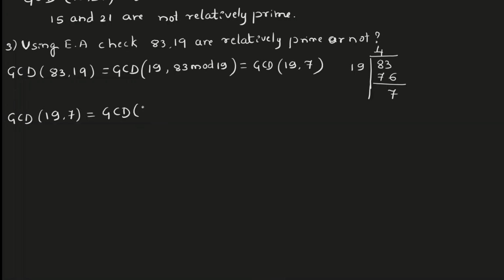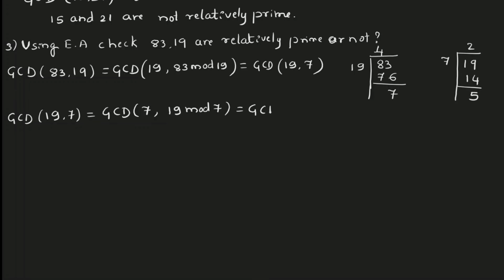Now the remainder 7 becomes the divisor. So 19 mod 7. Next we do 7 divides 19. 7 into 2 is 14, remainder is 5.